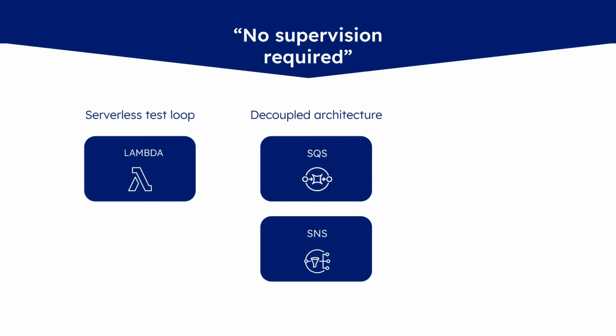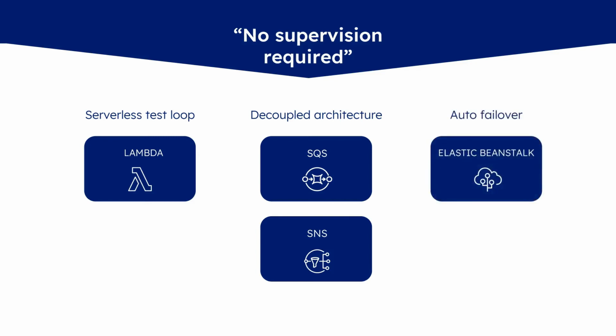Lastly, we chose to deploy the backend app using AWS's Elastic Beanstalk service, which reduces the risk of failures through automatic capacity provisioning, load balancing, and auto scaling. Because the underlying infrastructure is fully managed by AWS, Elastic Beanstalk also provides automatic failover for terminated or unavailable instances.